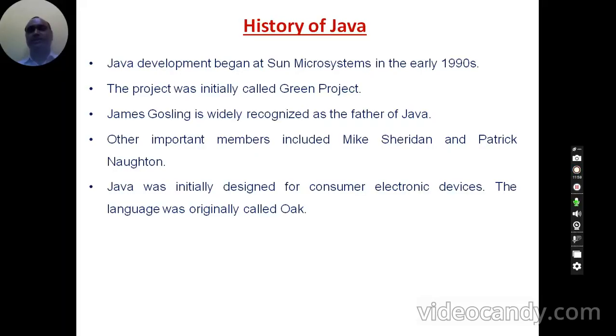Immediately they had a brainstorming session among the Green Project team members, and they considered different names like lemon, pepper, salt, DNA, and many other words. None of them liked any name, and finally they settled on the name Java.